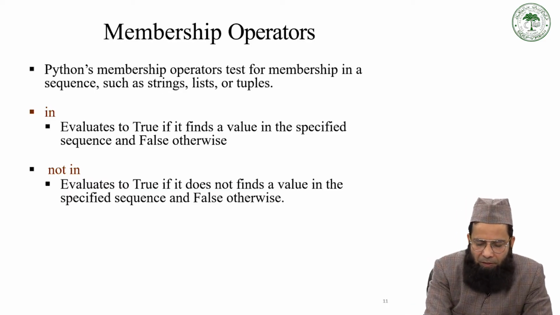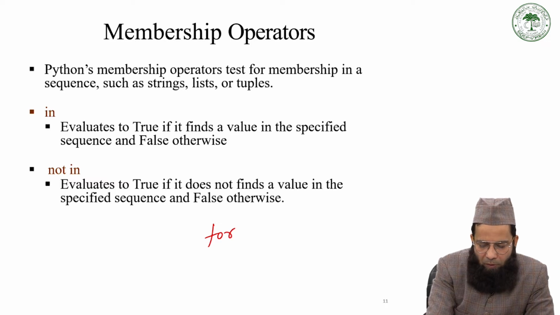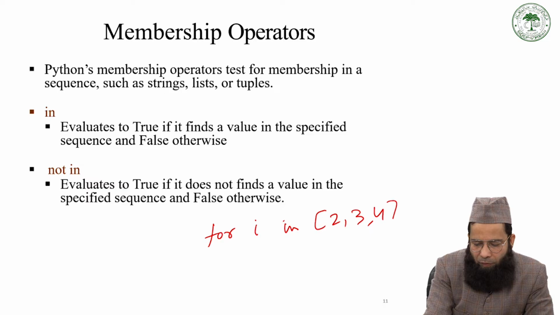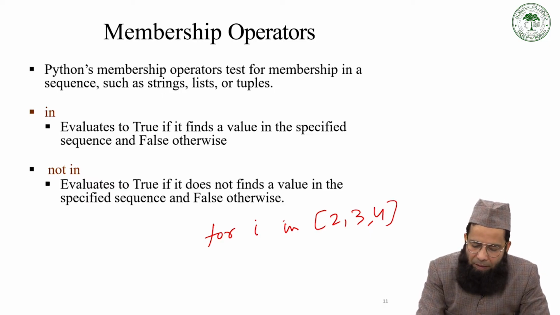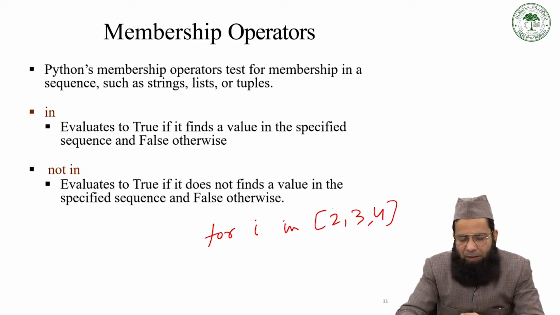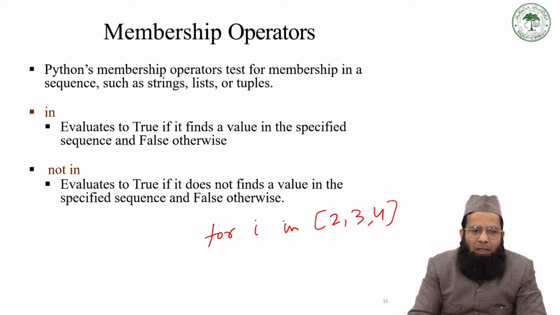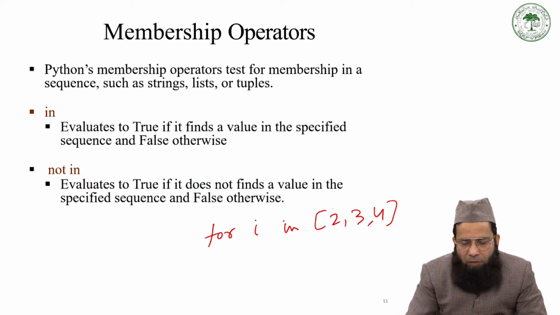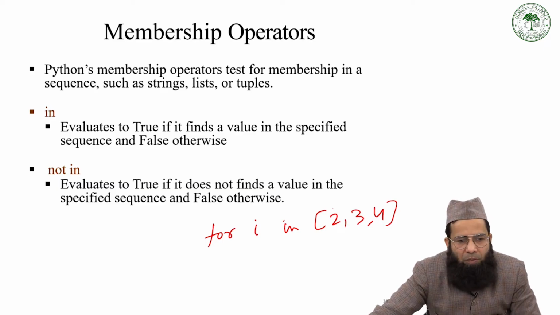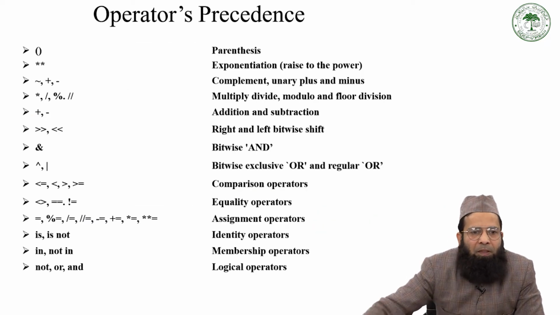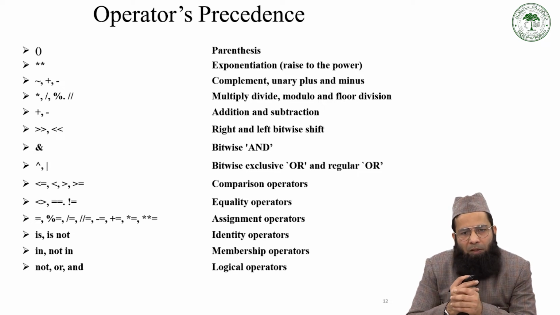Suppose there is a loop, and I will discuss how a loop actually works: for i in 2, 3, 4, it will visit each element in this list, and i would store 2, then 3, then 4. So in this case, the individual elements would be visited. Similarly, not in: if the element is not in the sequence, it will be treated in this manner. Now suppose, what should be the value?